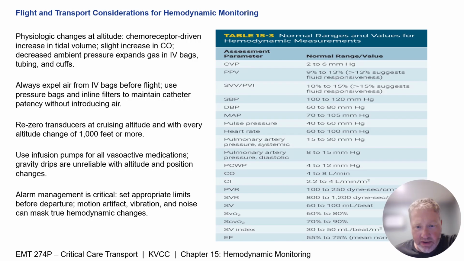I would argue that the things to keep in mind most are the CVP, so 2 to 6 for a norm, the MAP 70 to 105 as a norm, heart rate, of course, wedge pressure 4 to 12, cardiac output 4 to 8, cardiac index 2.2 to 4, and then your PVR and SVR.